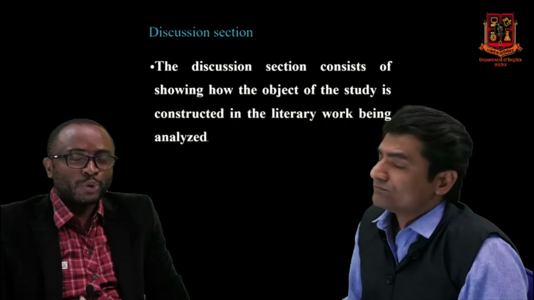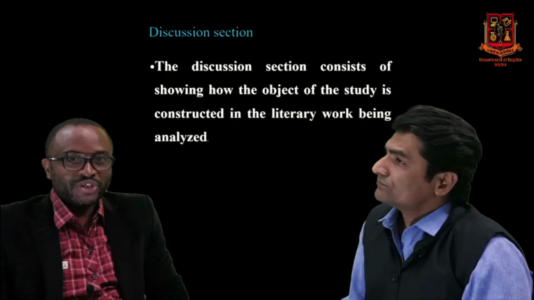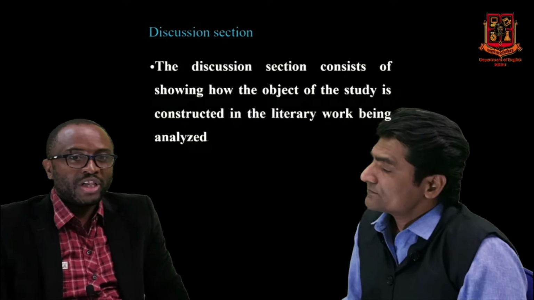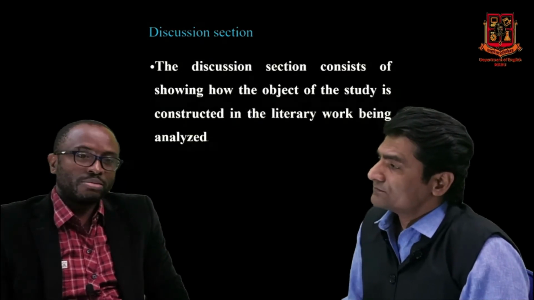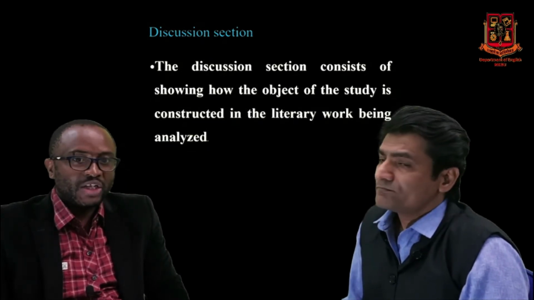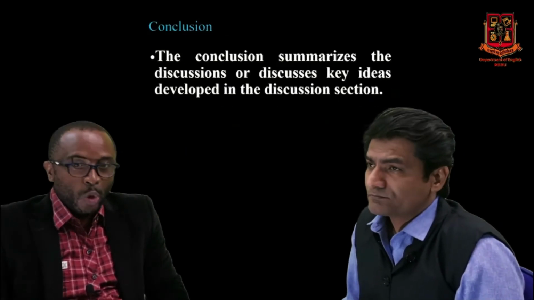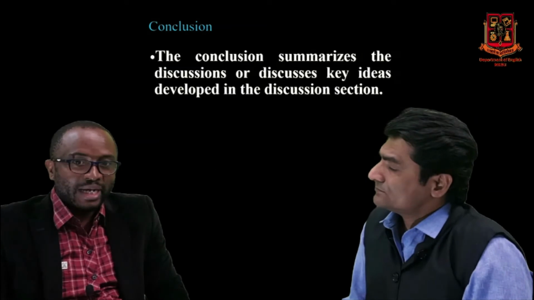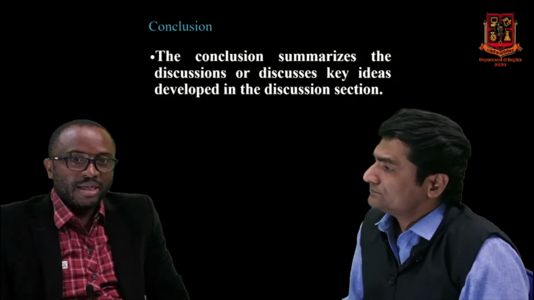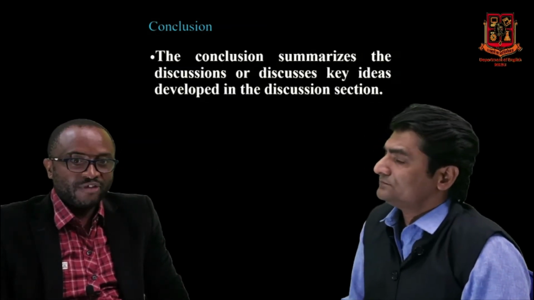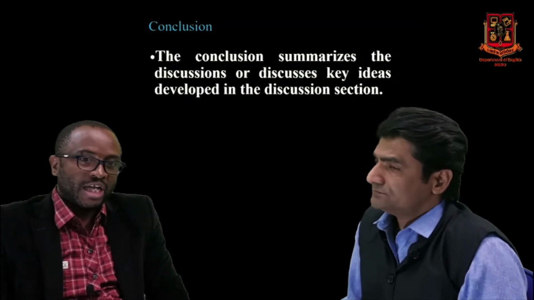We also have the discussion, which consists of showing how the object of the study is constructed in the literary work being analyzed. And we have the conclusion, which summarizes or discusses key ideas developed in the discussion section.